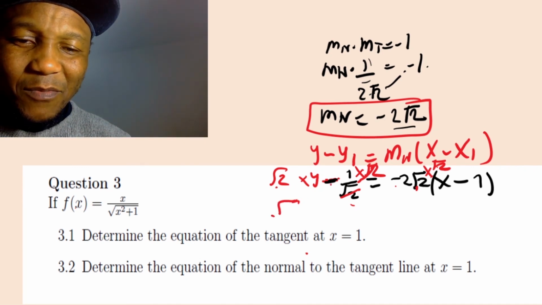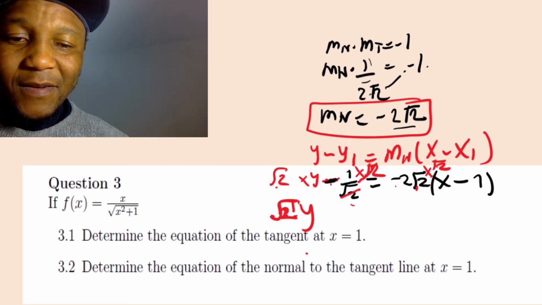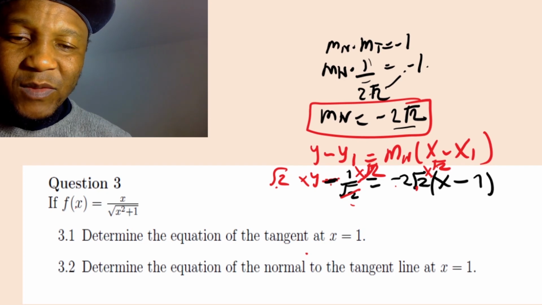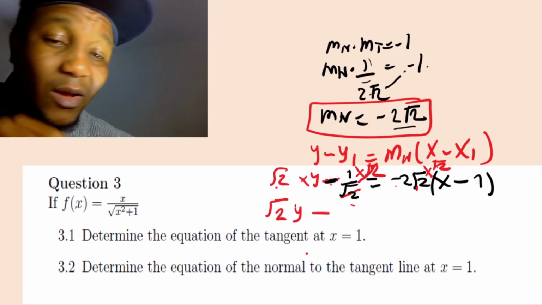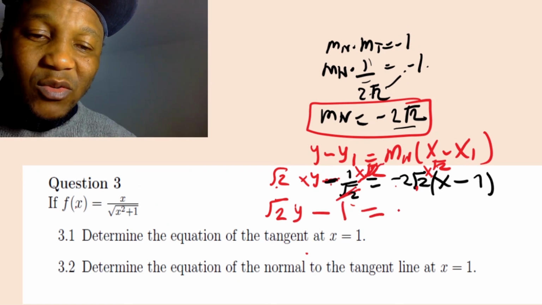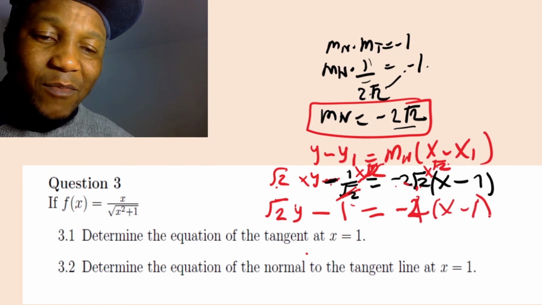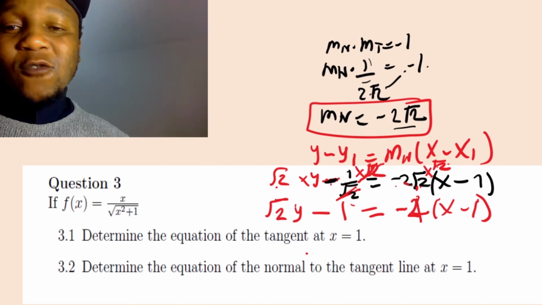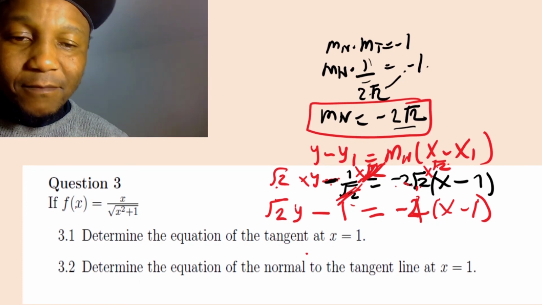Square root of 2 times 1 over 2 square root of 2 gives 1, so this cancels. When you take square root of 2 times square root of 2 times -2, it equals -4, times x minus 1. I was just silly, I don't know where I got that x from. You multiply by square root of 2 throughout, and this cancels.